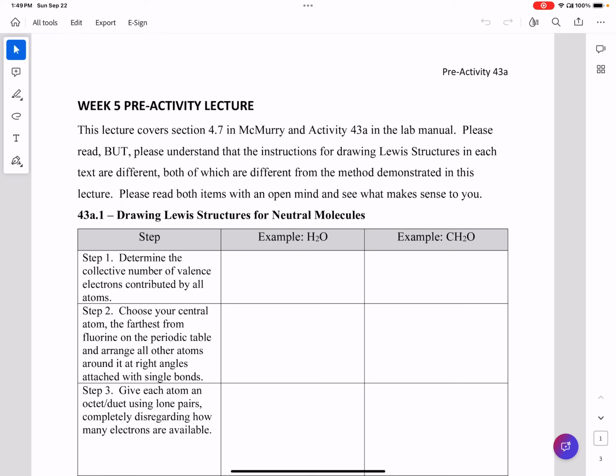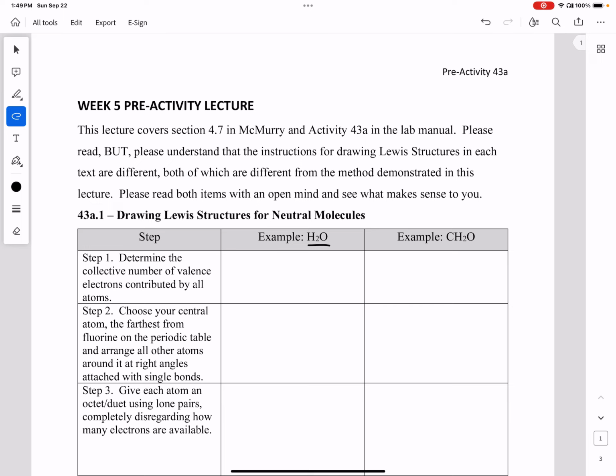So we're just going to start with an example. Step one, doing this for water, H2O. Step one is to determine the collective number of valence electrons contributed by all atoms.